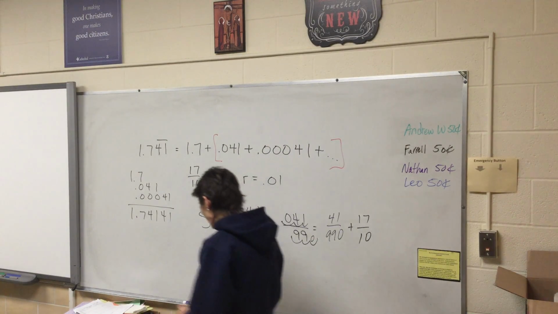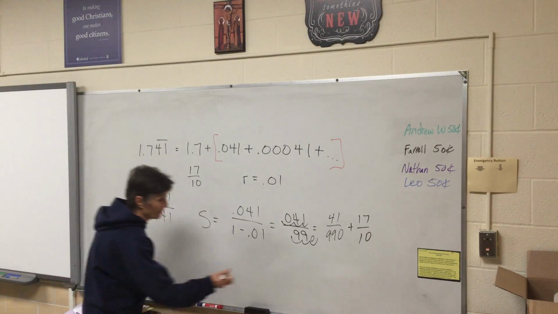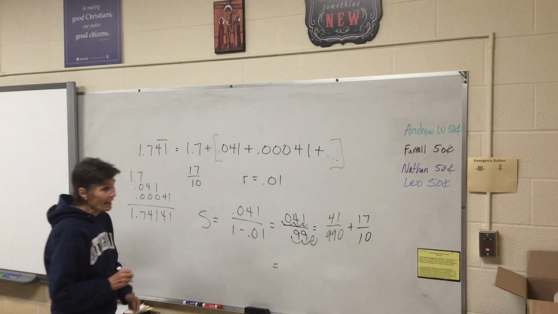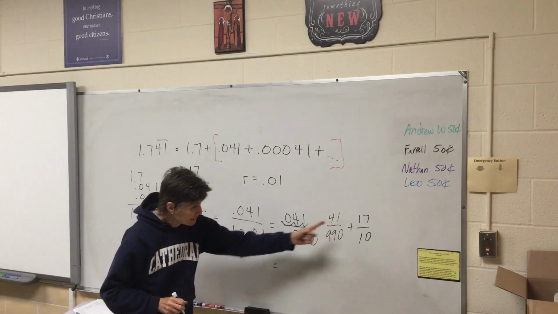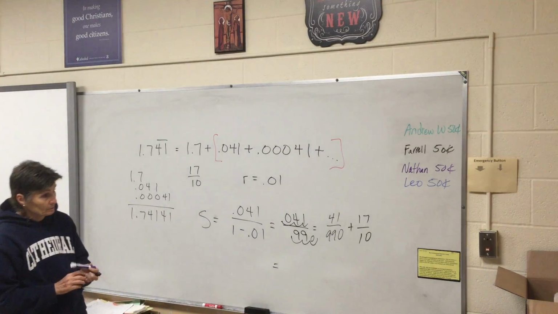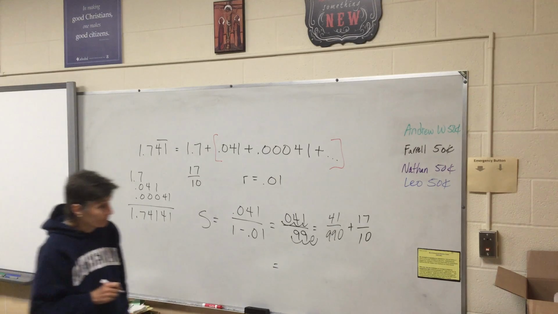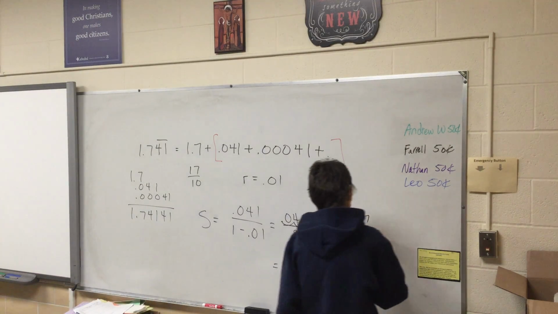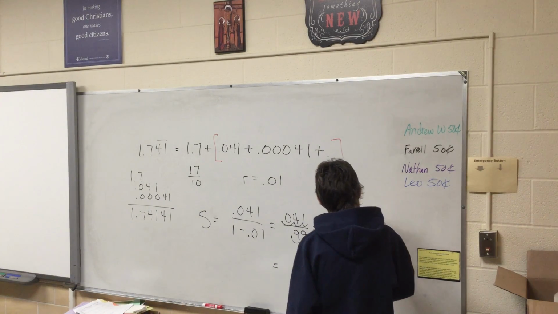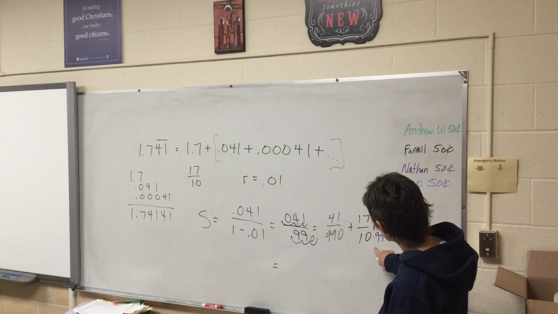Now, how do I add those two fractions together? What do I need to do to add 41 over 990 plus 17 over 10? Kind of multiply 17 over 10 by 99. Exactly. You're trying to get a common denominator. And 99 times 10 will be 990.